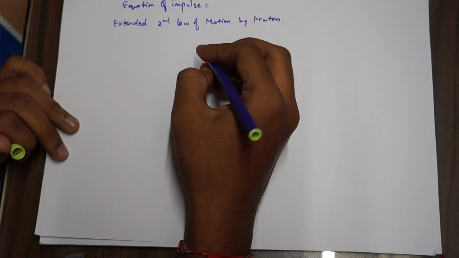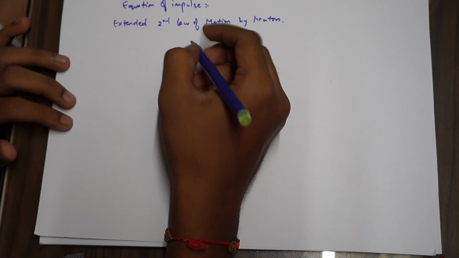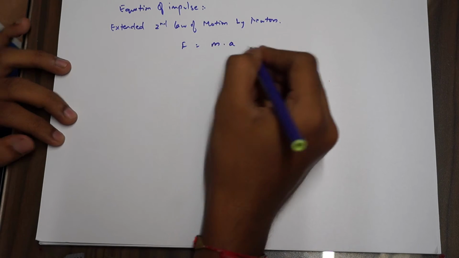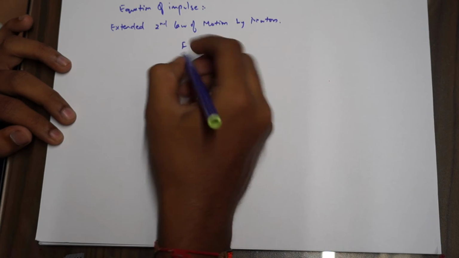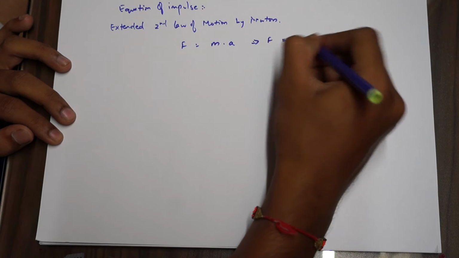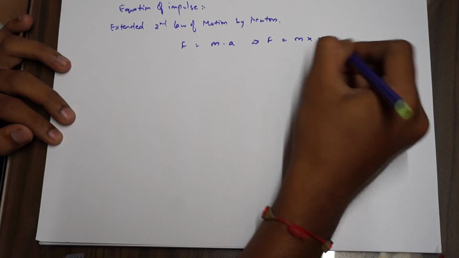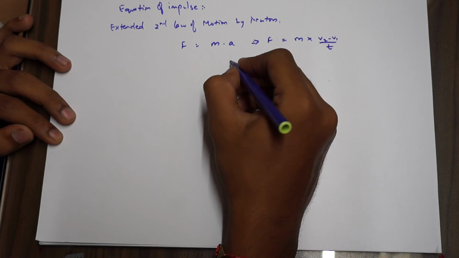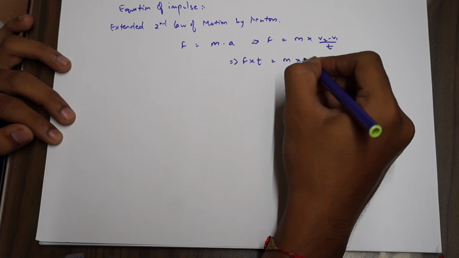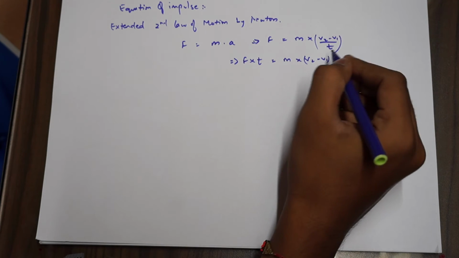I'll explain a small derivation that is easy to understand, I hope. F equal to m into a, as we had written in the second law. If we separate it, this gives F equal to m into (v2 minus v1) by t. Multiply t on both sides, F into t equal to m into (v2 minus v1). Here (v2 minus v1) by t is acceleration.